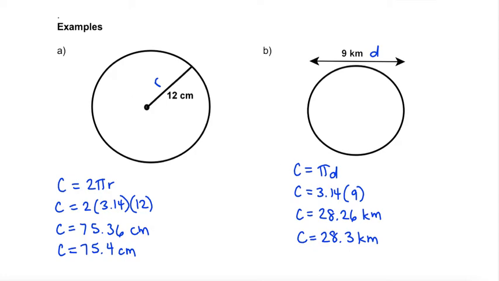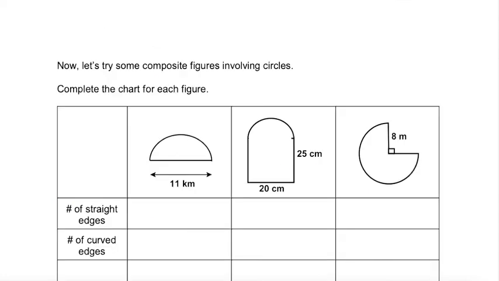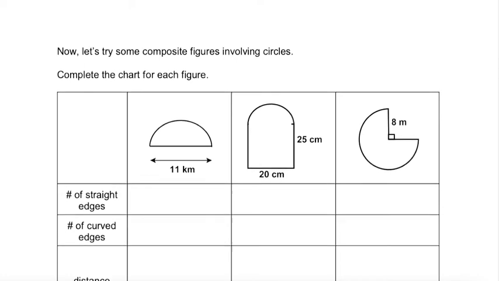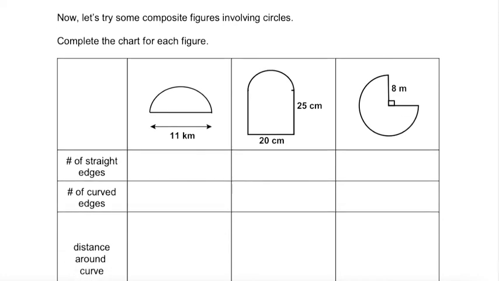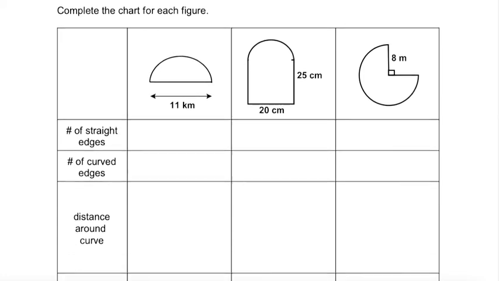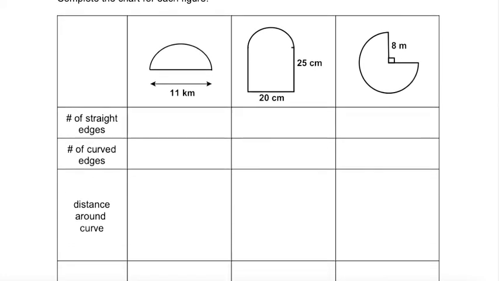Sometimes you're going to have just parts of circles, so it's important to think about that as well. So when we are involving parts of a circle, we want to think about how many curved edges I have and how many straight edges I have. The number of straight edges I have is 1.